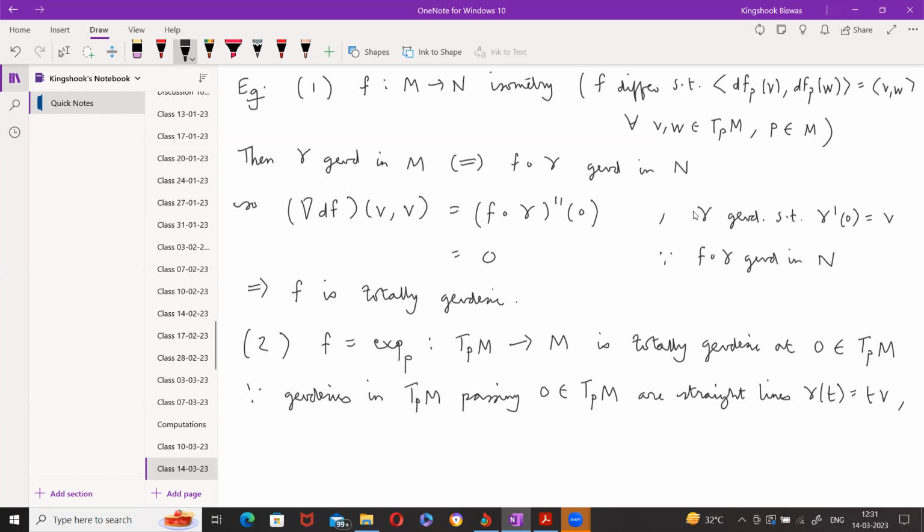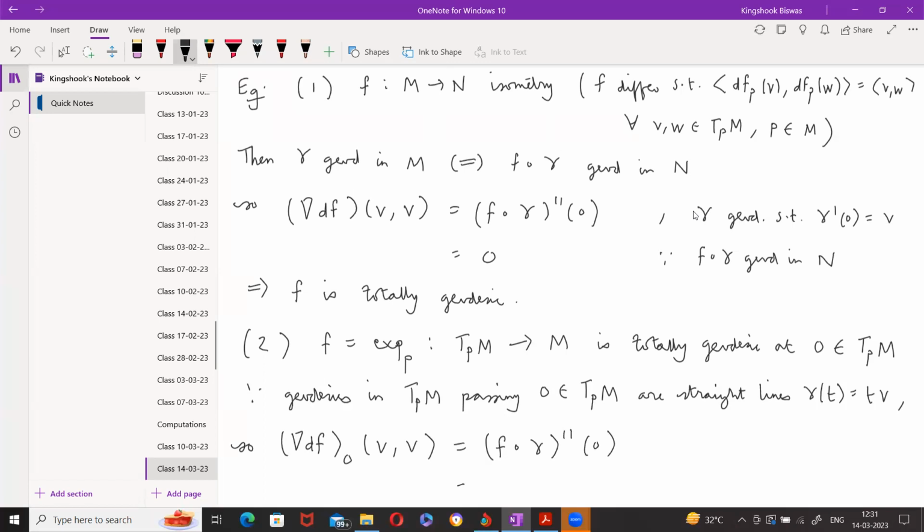And so nabla DF at the origin of V comma V is F composed gamma double prime of 0.